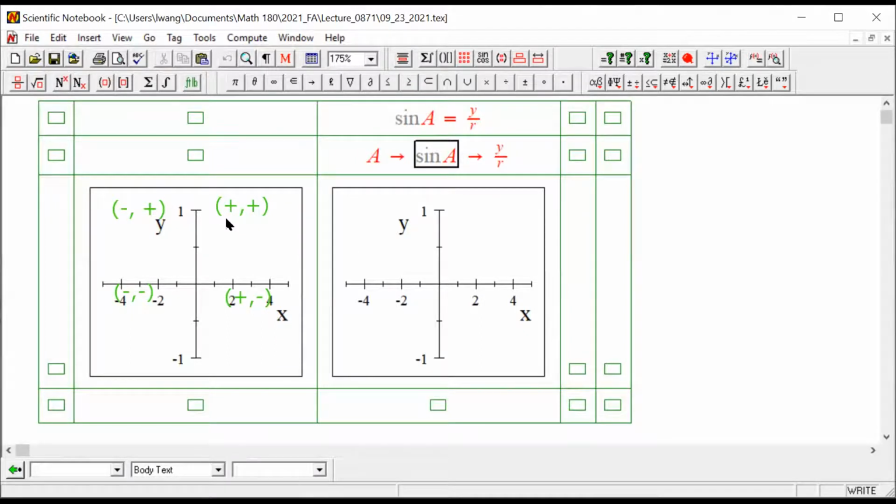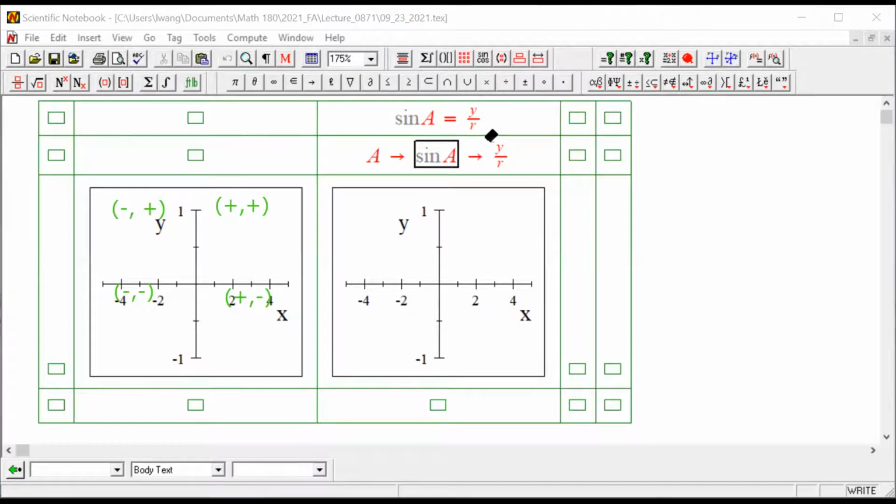Y is positive in the first quadrant and the second quadrant. I'm sorry, I pointed to the wrong place.